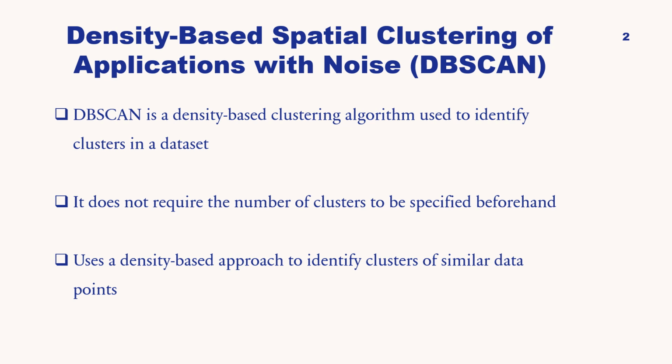It does not require the number of clusters to be specified beforehand, unlike k-means, our popular traditional clustering method. And this method uses a density-based approach to identify clusters of similar data points.